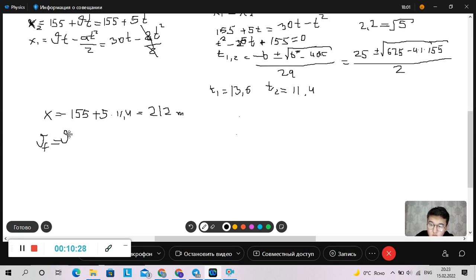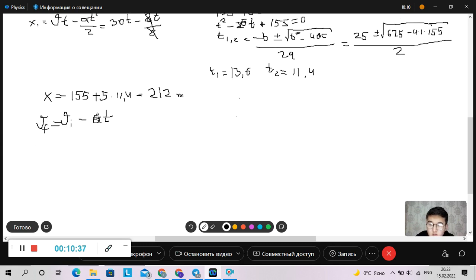Final velocity is initial velocity minus at. Initial velocity is 30 minus 2 multiplied by 11.4.